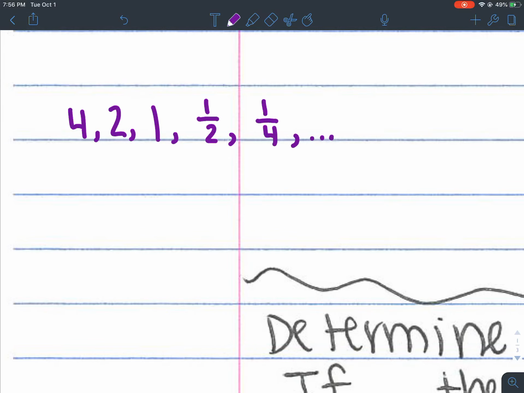How are you getting from number to number? Well, you're like, well, I think it's dividing by 2 each time, because 4 divided by 2 is 2. 2 divided by 2 is 1. 1 divided by 2 is 1/2. So what's happening here? We're dividing by 2.